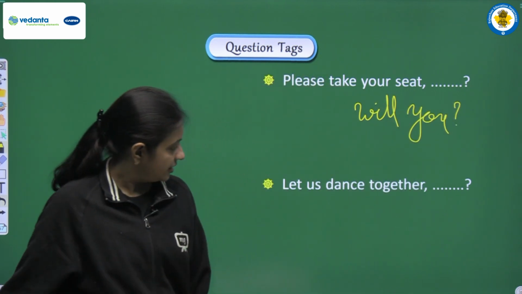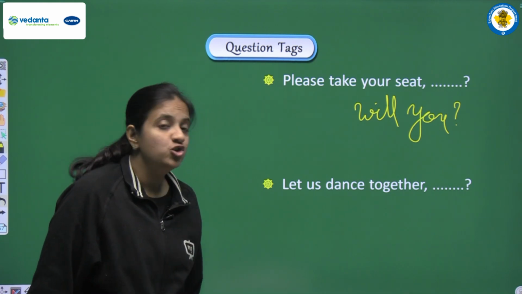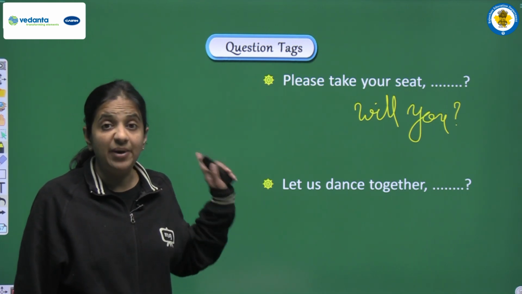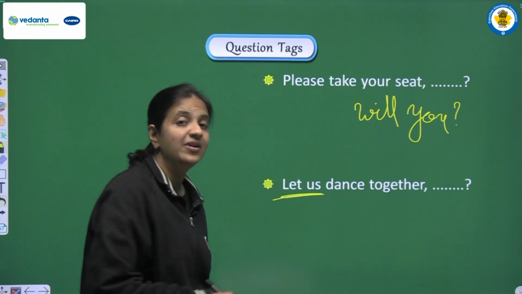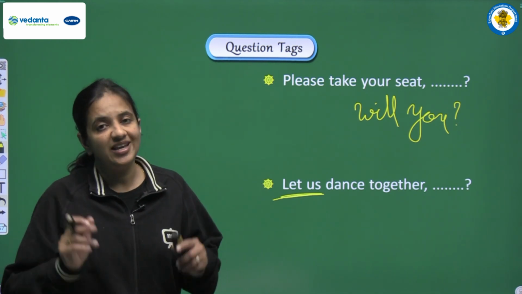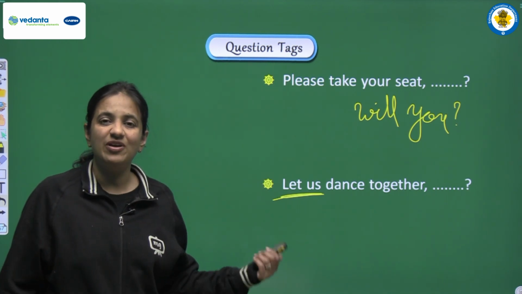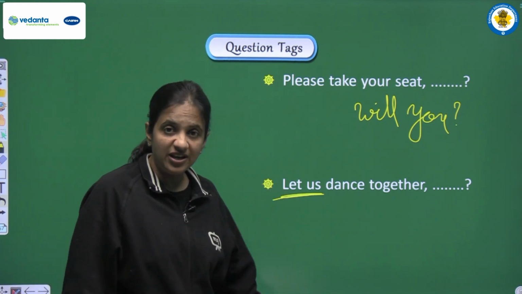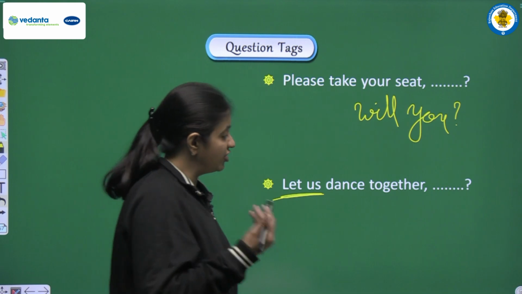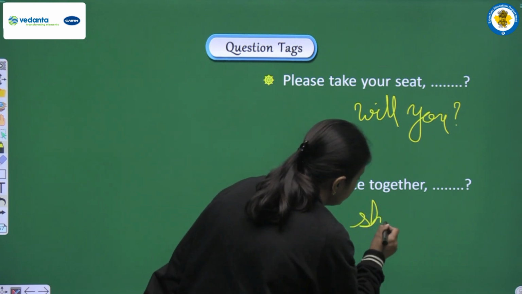Okay. Next, let us dance together. Yes, this is an imperative sentence, but what is the difference? The difference is that we have let us in the beginning. We discussed this when we went through all the rules: if we have let us in the beginning of the sentence, then the question tag will be shall we.